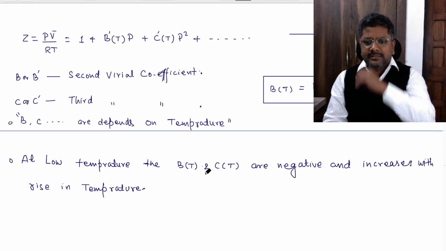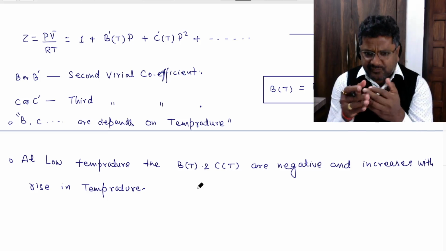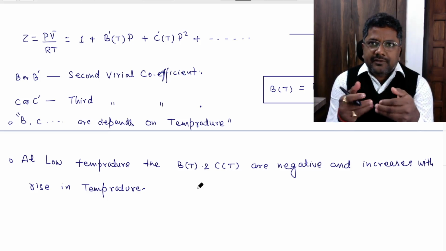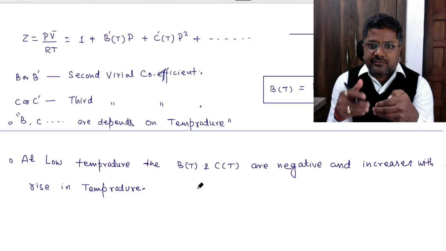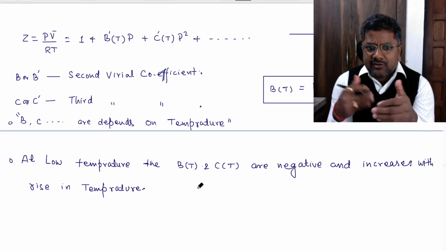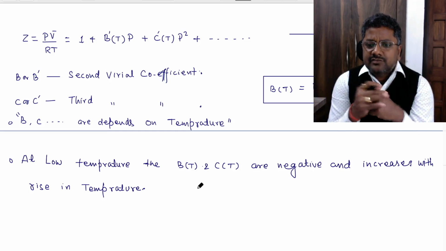So obviously, I am talking particularly about B, the second virial coefficient. If the value of B is negative, then on increasing temperature, when B increases, at some particular temperature the magnitude of B becomes 0.